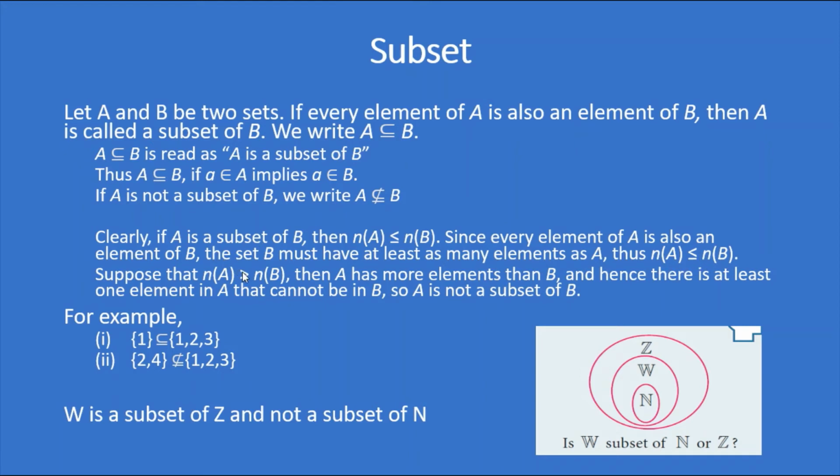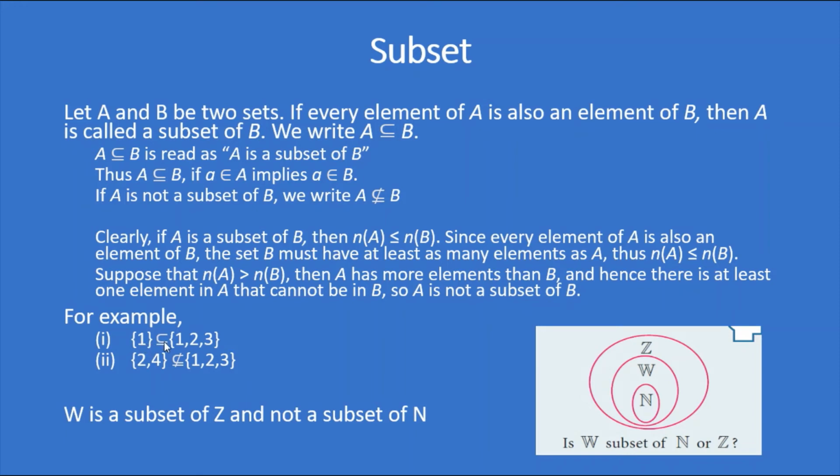Suppose that n(A) is greater than n(B), then A has more elements than B, and hence there is at least one element in A that cannot be in B. So, A is not a subset of B. For example, {1} is a subset of {1, 2, 3}. This is correct, yes.